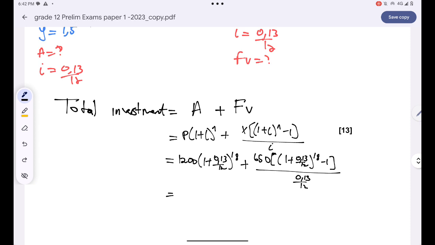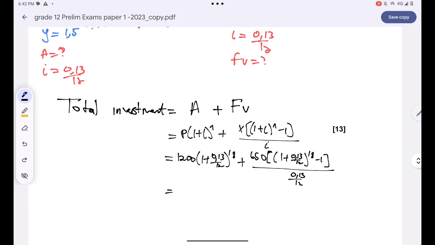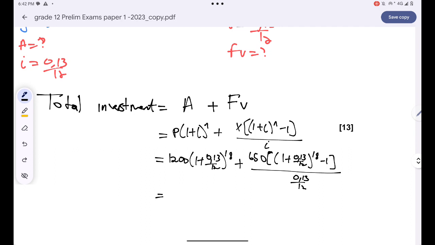That's 1,200 multiplied by (1 plus 0.13 divided by 12) all raised to the power 18, plus 650 multiplied by ((1 plus 0.13 divided by 12) all raised to the power 18, minus 1), divided by 0.13 all over 12.